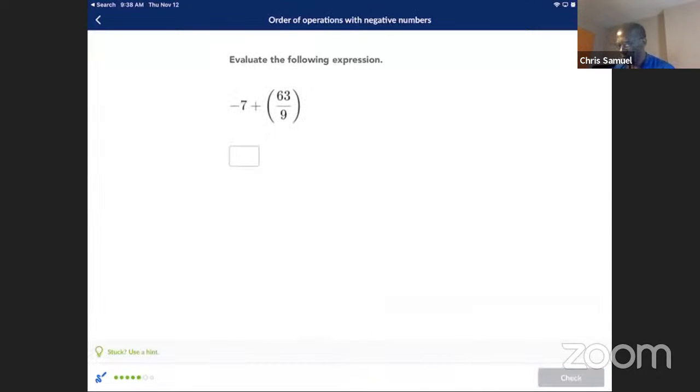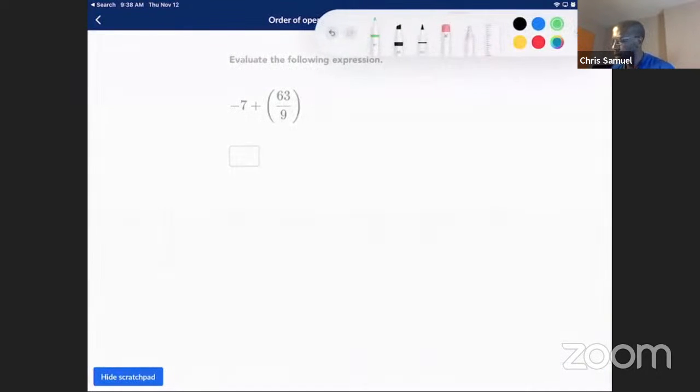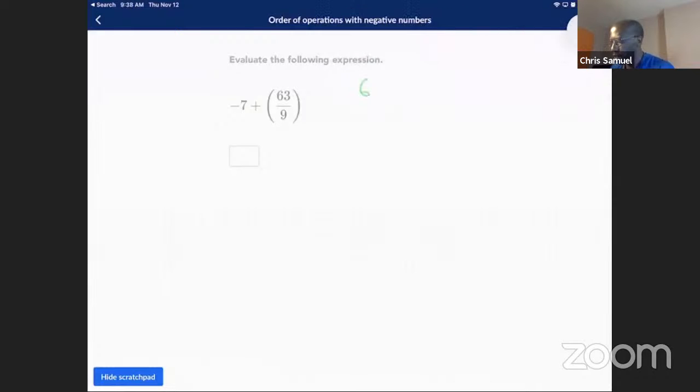Okay, next one. All right, so here we have 63 over 9 inside parentheses plus -7. If we look at our PEMDAS, we would start with inside the parentheses, right?